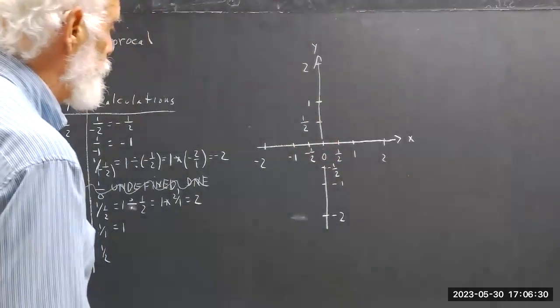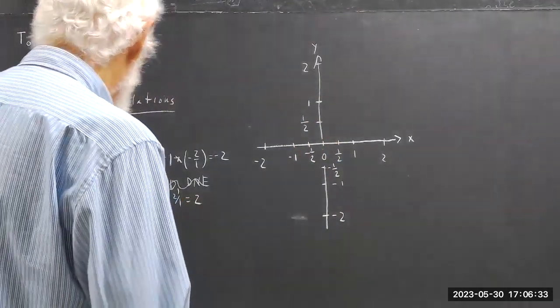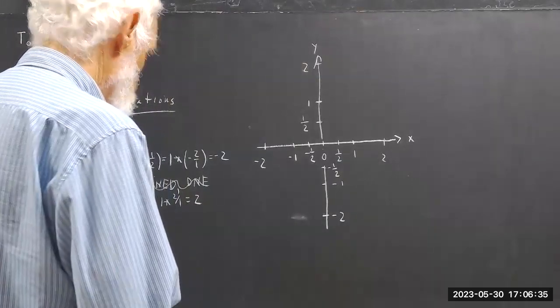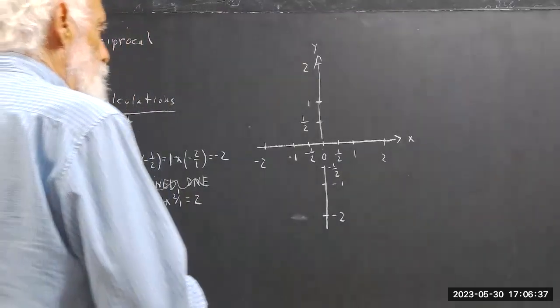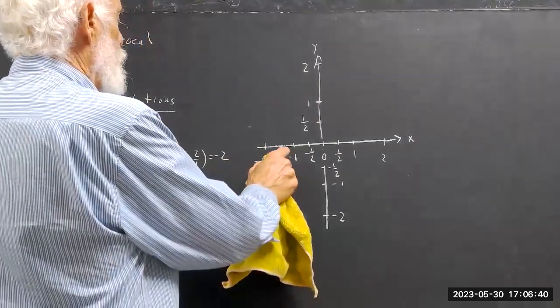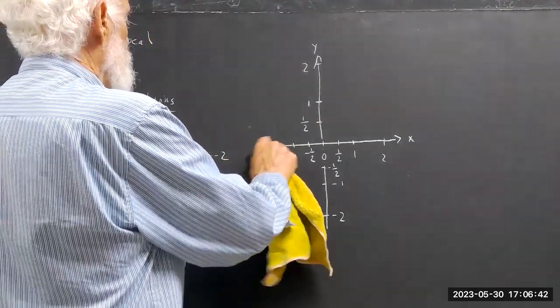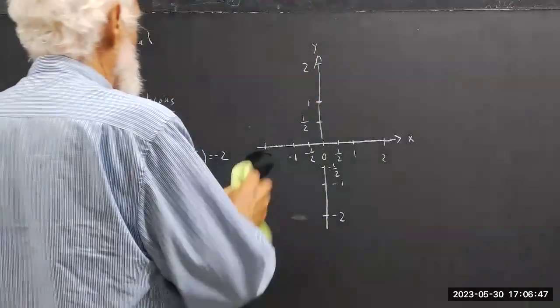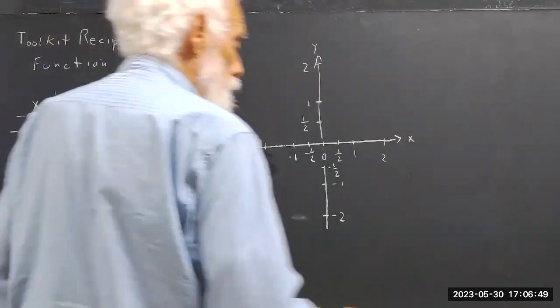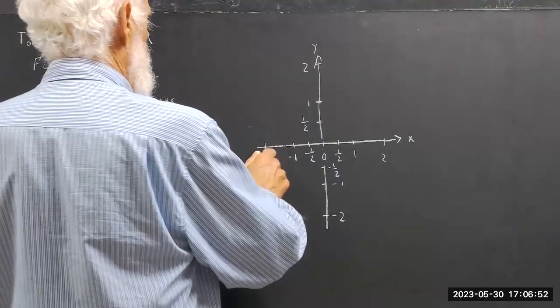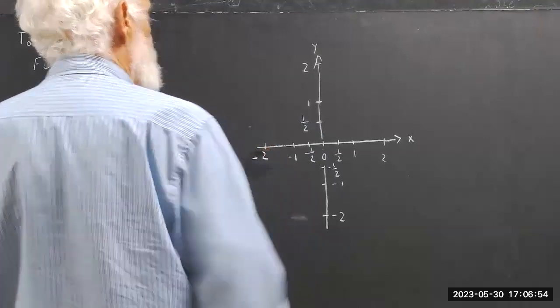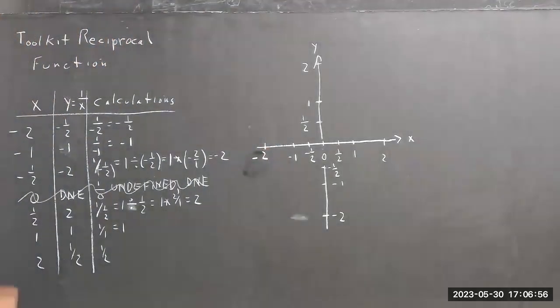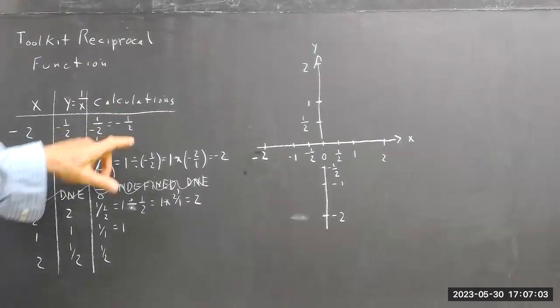Okay. Now, we need to plot our points. One thing I'm going to modify here, a -2 label right there is going to get in the way. I'll just take a second and label it a little bit higher. Okay. Now, we have the point -2, -1/2. X is -2, Y is -1/2.